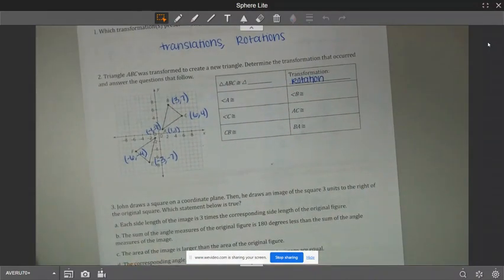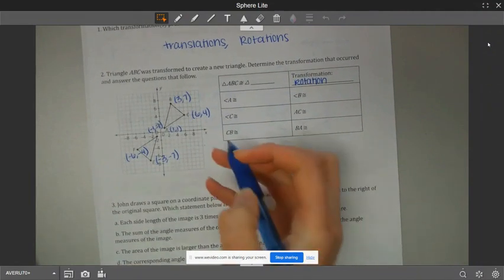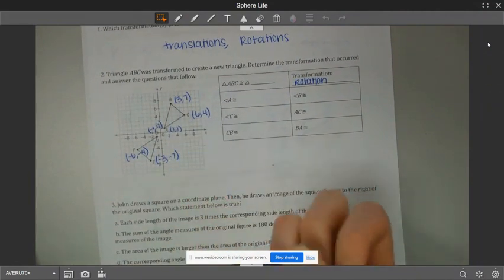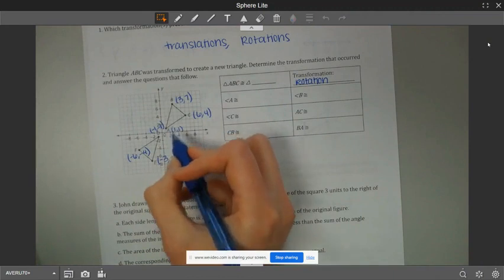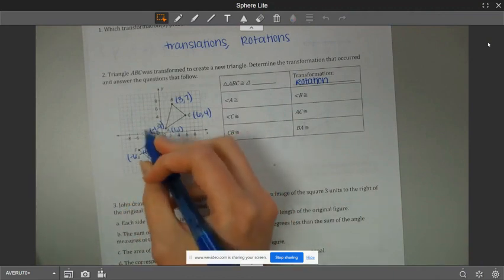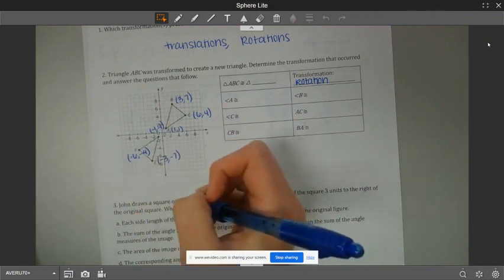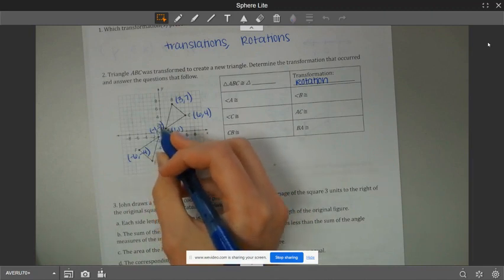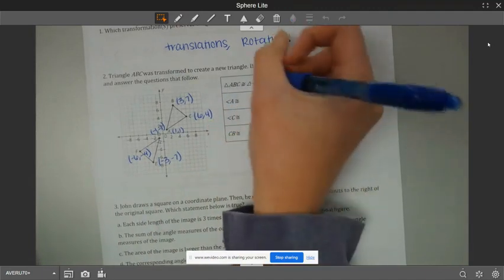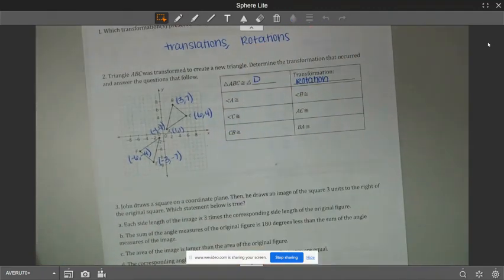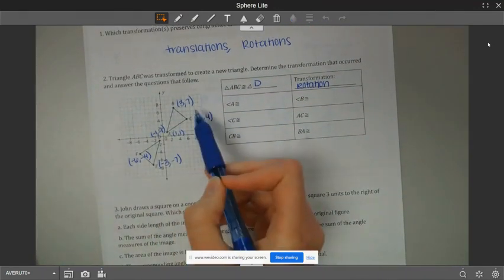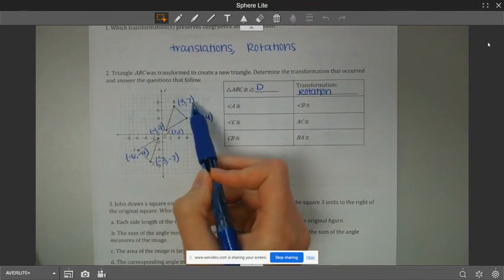Okay. Now I need to match up ABC. A matches with which letter? Well, A is at (1, 1). If I look at the points here, which one is closest to (1, 1)? Well, D is at (-1, -1). So D and A match up. Since A comes first, D comes first, naming the second triangle. If I look at B, the point is (3, 7).